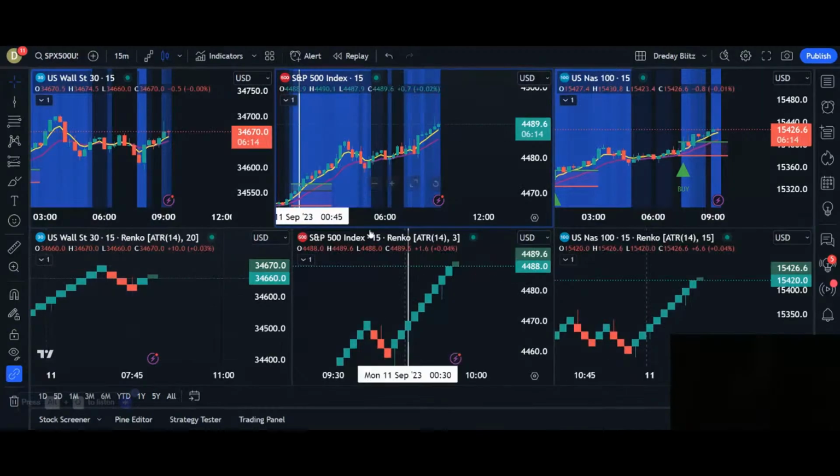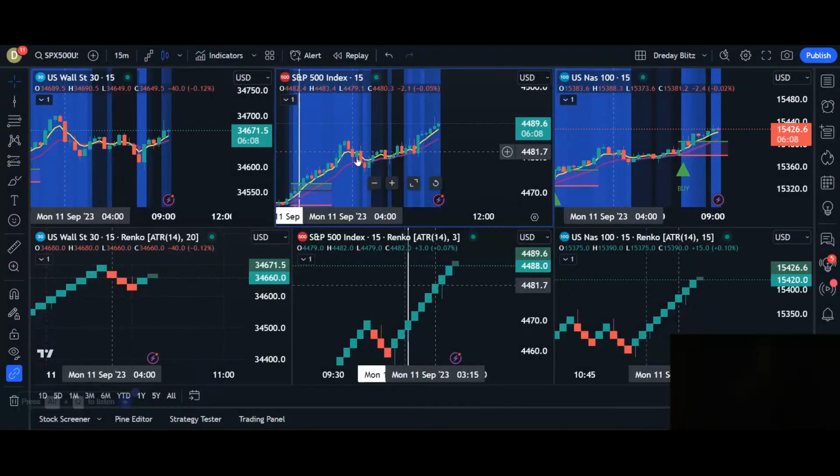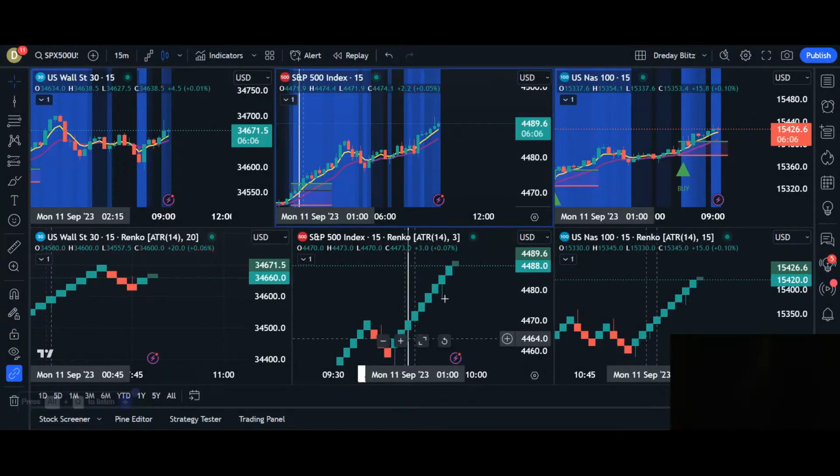And especially if you look at here, people normally would exit out of the trade here, but there was no indication in the Renko bars that we were reversing.